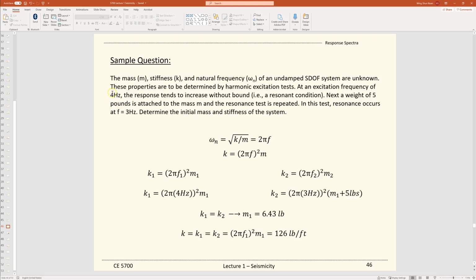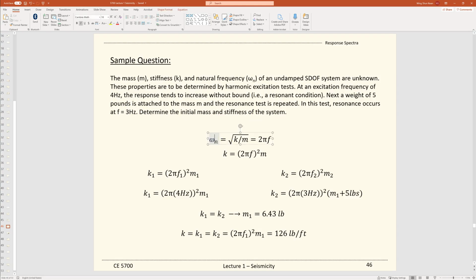So we have our first frequency of 4 Hz. Next, to the same system, we add a weight of 5 pounds, and then we shake it until it hits resonance, and we record the frequency, this time 3 Hz. So now I ask you to determine the initial mass and stiffness of the system.